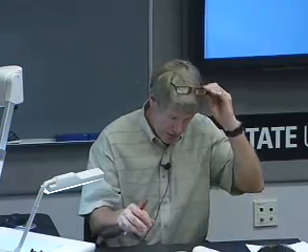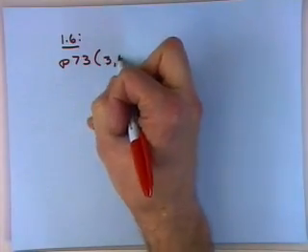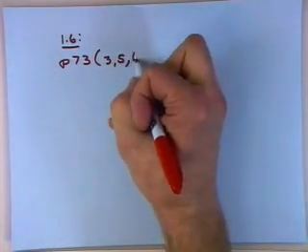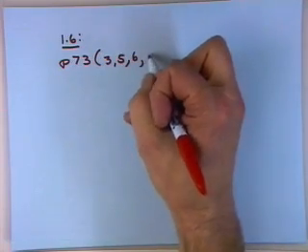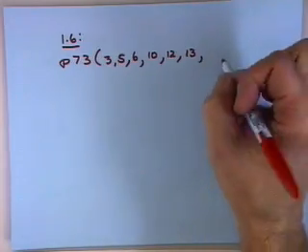So the problem set from 1.6 starts on page 73. You may have these from yesterday. I want to make sure I give you the whole list. 17, 18.